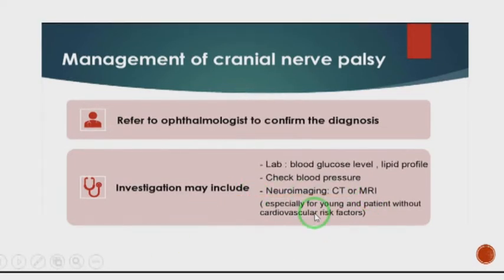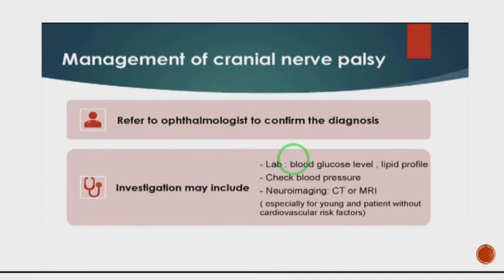These are urgent to be done, MRI, MRV, and MRA, to make sure that there is no dangerous sign, aneurysm, tumors, herniation. And if the patient gives us a history of diabetes, hypertension, atherosclerotic disorder, we have to check the blood glucose level, the lipid profile, and blood pressure.